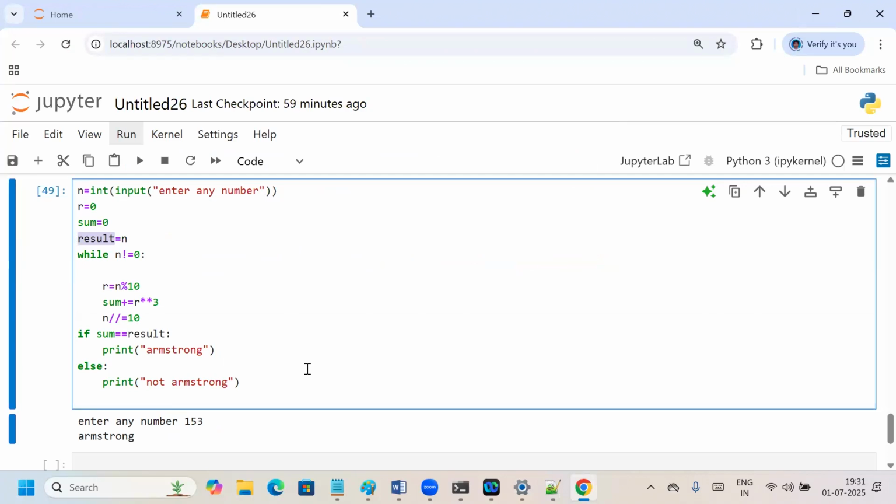You will get code like this, not like i equals to 0 while i is less than or equal to n. They are not so simple. That is for practice. What will be the time complexity? See guys, which instruction will take the maximum time in this code? While loop. Tell me how many times the while loop is executed. N times. Order of n will be the time complexity. Clear, guys? Yes or no?